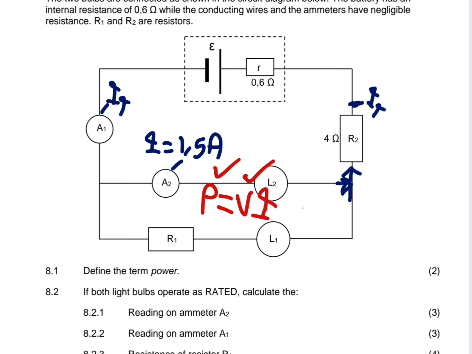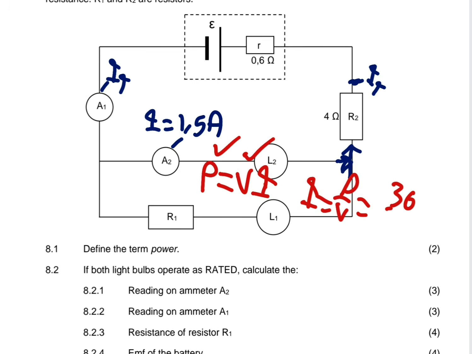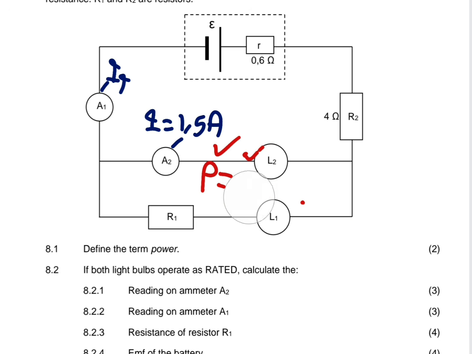We have power, we have voltage, we just need I. So I is equal to P over V, which for L1 is 36 divided by 20, which is 1,8 amperes. So now we know that the total current flowing through L1 is what?